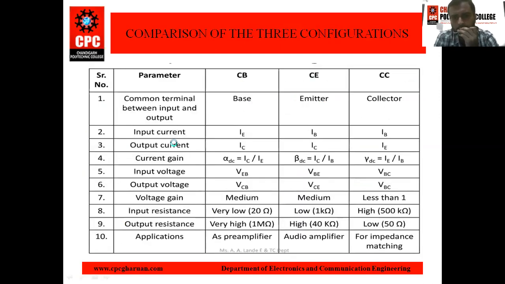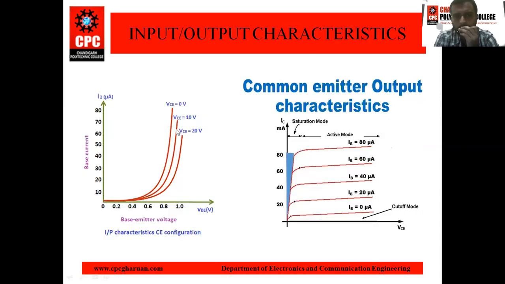In common base configuration, when the output voltage is increasing, the curve is formed earlier than the previous one. Next, in common emitter configuration, when the output voltage is increasing, the curve takes time to form, and it requires more knee voltage.